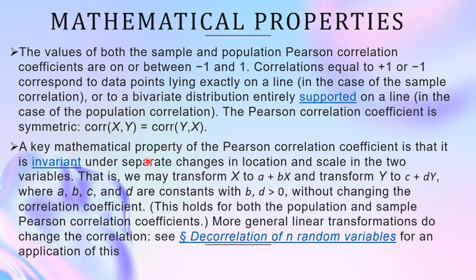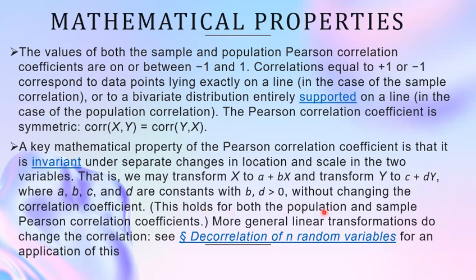A key mathematical property of Pearson's correlation coefficient is that it is invariant under separate changes in location and scale in the two variables. That is, we may transform X to a + bX and transform Y to c + dY, where a, b, c, and d are constants with b, d greater than 0, without changing the correlation coefficient.